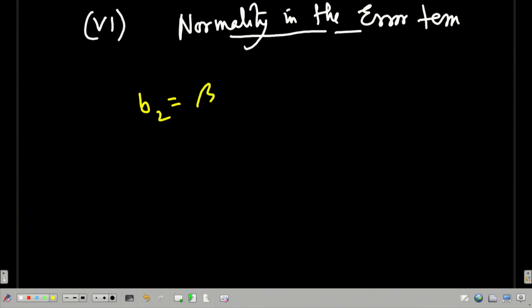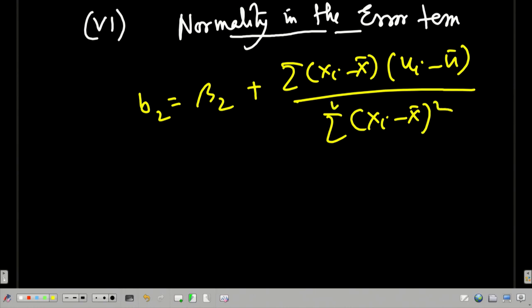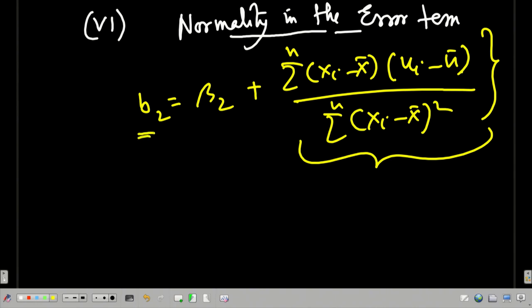You remember the equation we wrote: b2 is equal to beta 2 plus summation of (xi minus x bar) into (ui minus u bar), divided by the sum total of (xi minus x bar) whole square over all n. Now, you see that because of this error term here, your B2 is getting a distribution, and the moment your u has a normal distribution, your B2 is also going to get a normal distribution.